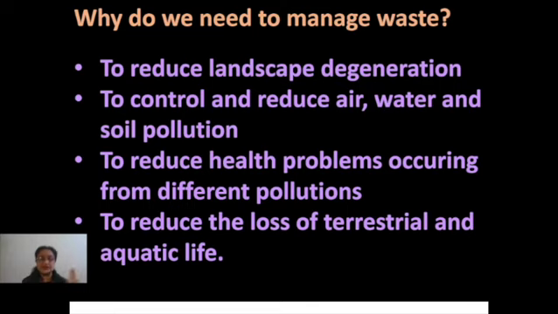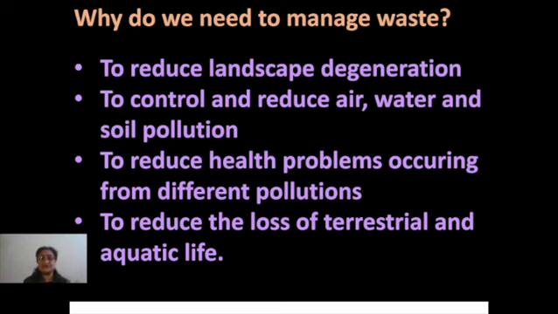Number two is to control and reduce air, water and soil pollution. Number three is to reduce the health problems occurring from different pollutions. Again, in that case also, if we manage the waste properly, it will reduce to a great extent. Then, to reduce the loss of terrestrial and aquatic life, both ways, the animals or the living beings which are actually surviving on land as well as in water.